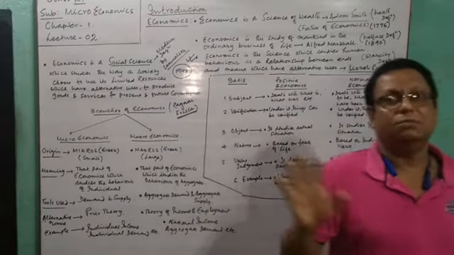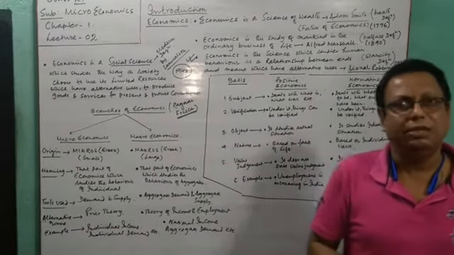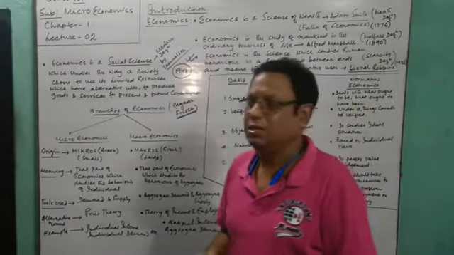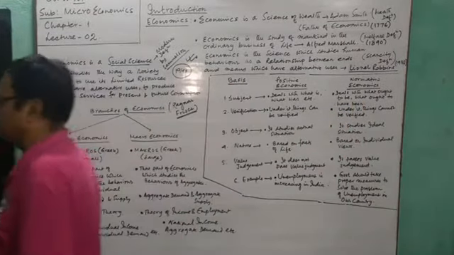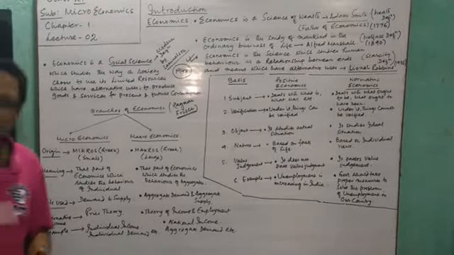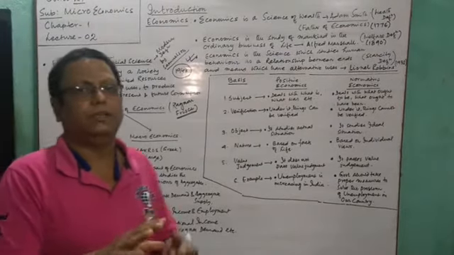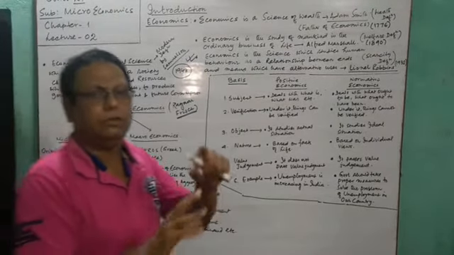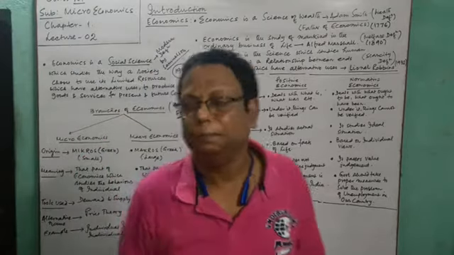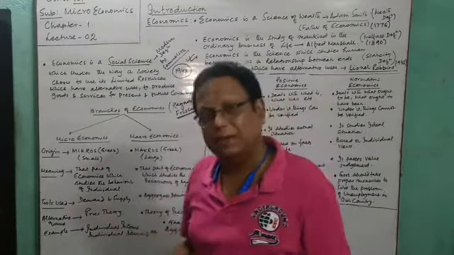Though these three terms are interchangeably used and interrelated terms, as a student of economics, we have to understand the difference between need, want and demand. So I had explained that one.